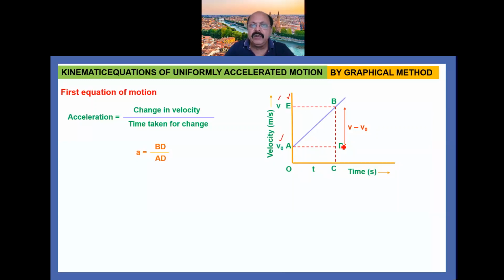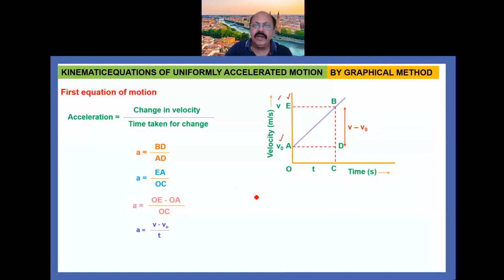So A equal to BD upon AD, that is the slope of the VT graph, which is equal to acceleration. Now this BD is equal to EA, and this AD can be written as OC. And then this EA can be written as OE minus OA upon OC, that is equal to acceleration.